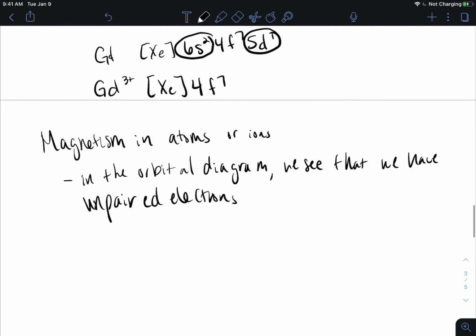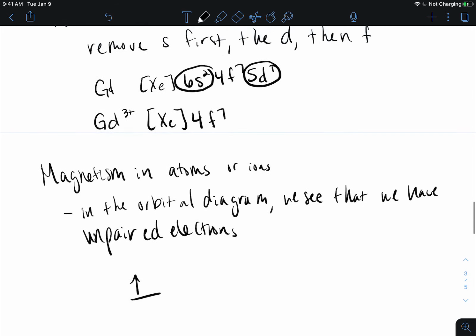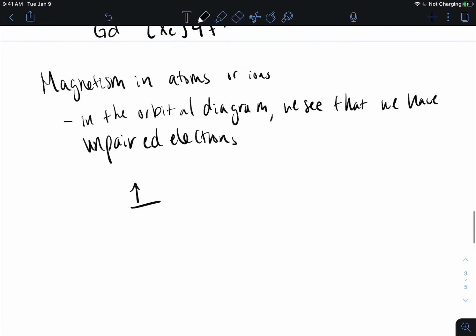So if we have an orbital that just has one electron in it, and we don't have another electron paired up with it, we have an unpaired electron.